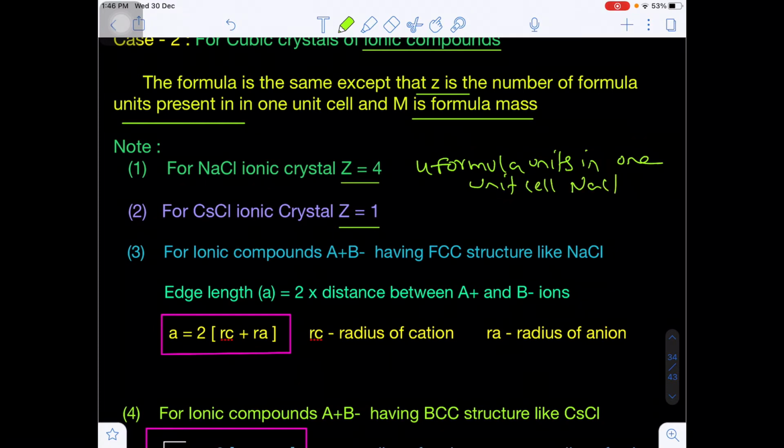And in the cesium chloride ionic crystal, only one formula unit in one unit cell of cesium chloride. How do we calculate the number of formula units?